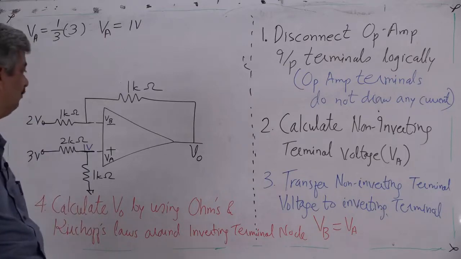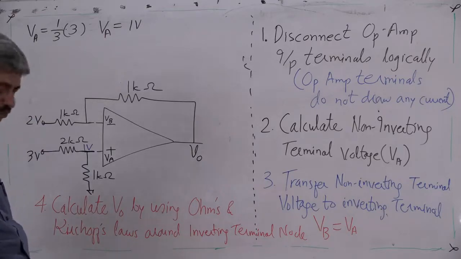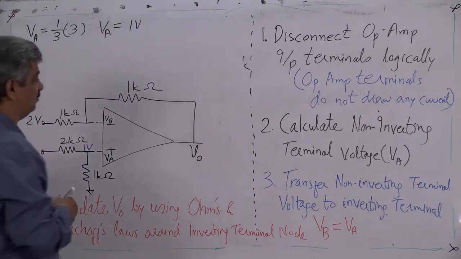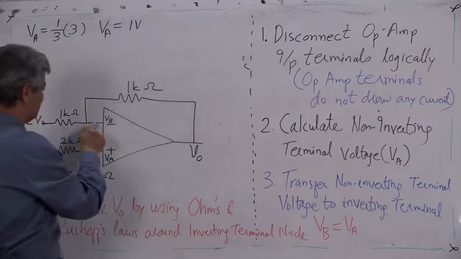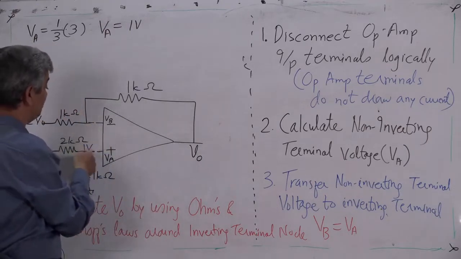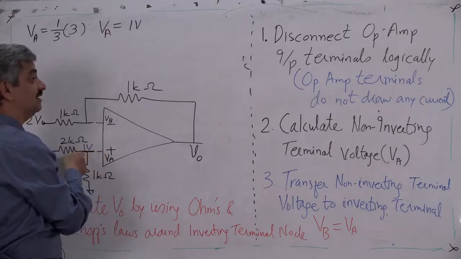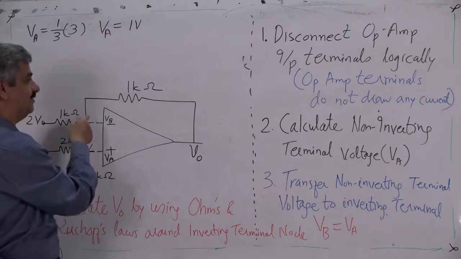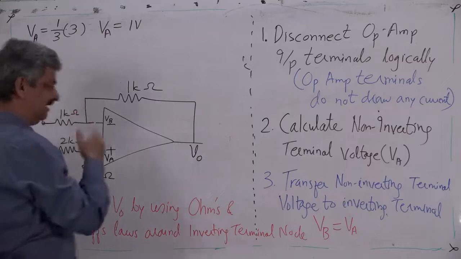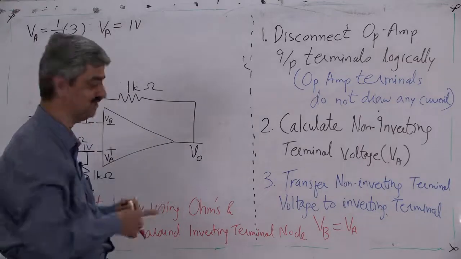After I write VA equal to 1 volt, what are we required to do? Remember this is a logical disconnection. Somebody will say, how can you say this is VA? It is just to ensure that current doesn't flow, otherwise it's very well connected. The disconnection is from your mind and not an actual disconnection.